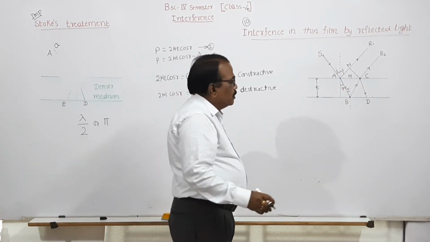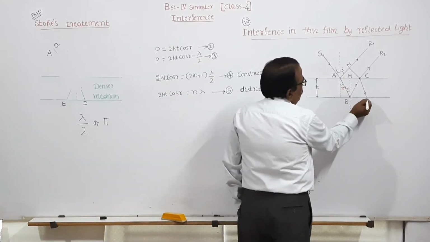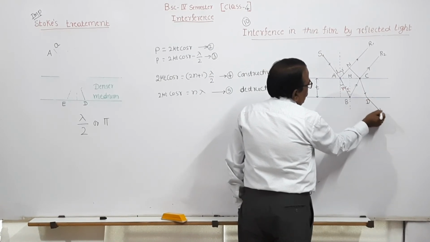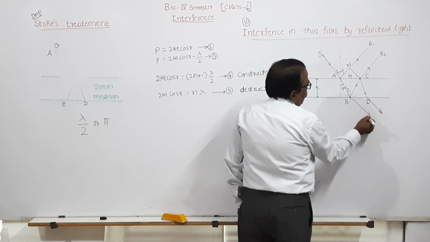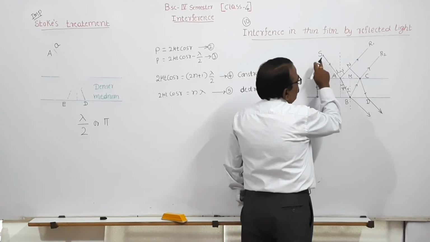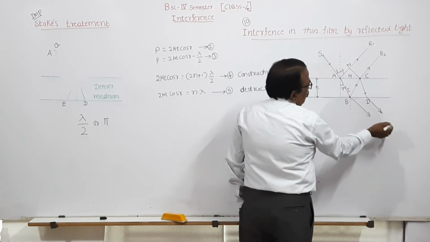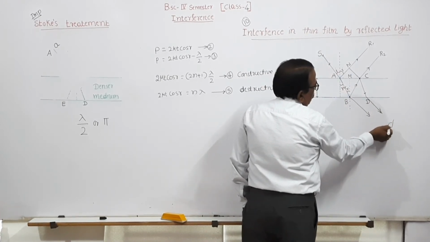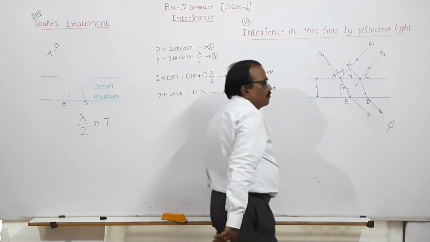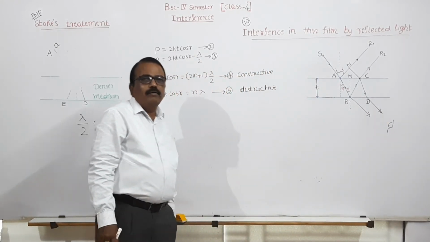But in the case of transmitted system, that means these rays transmitted here and these two appear to come from a single source, then the interference pattern is observed here also. That is the transmitted system.